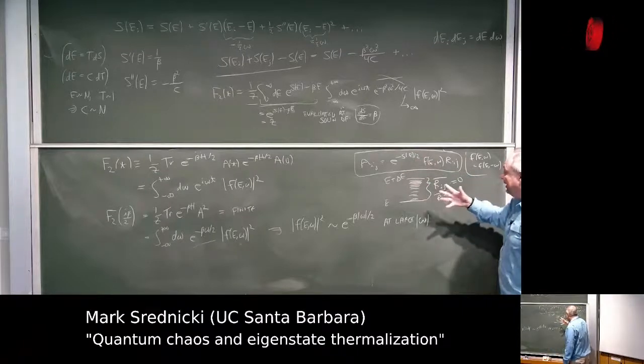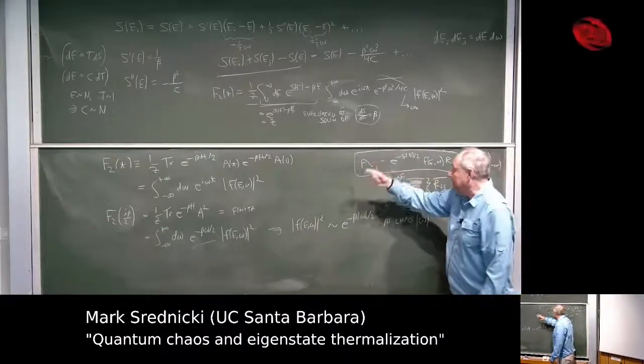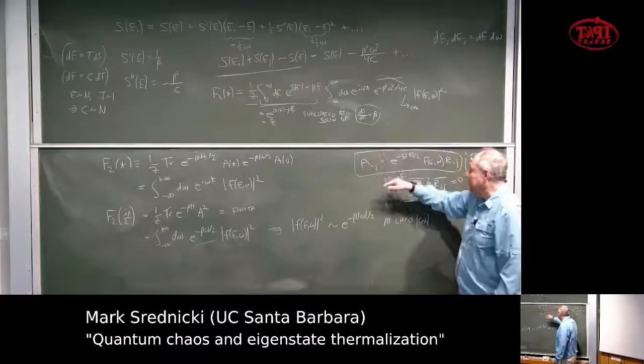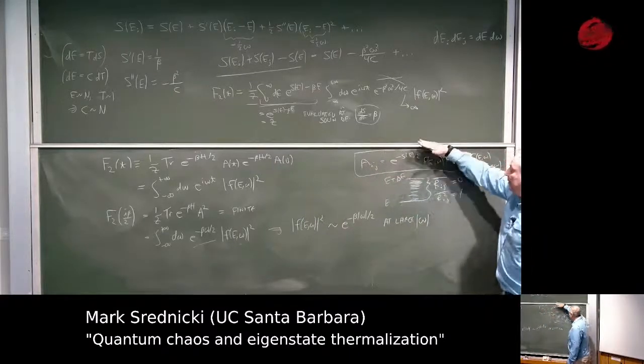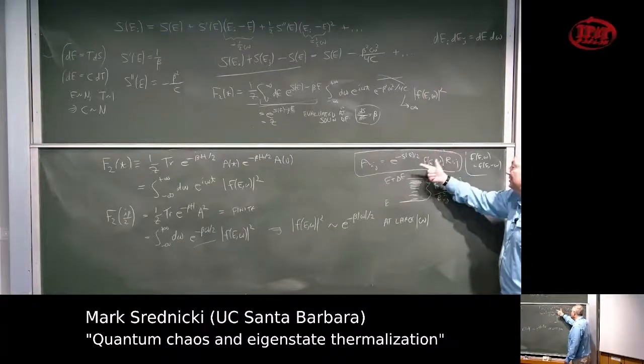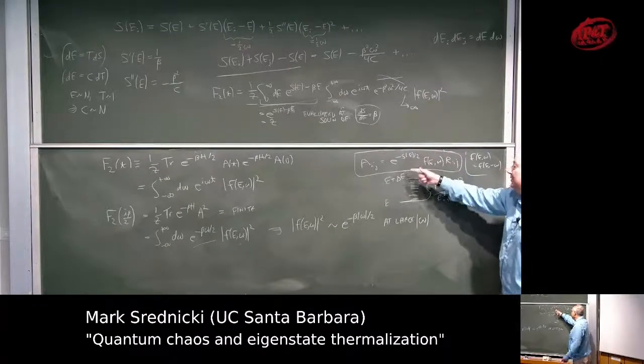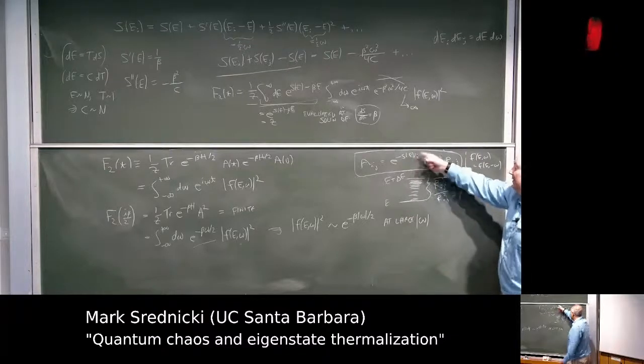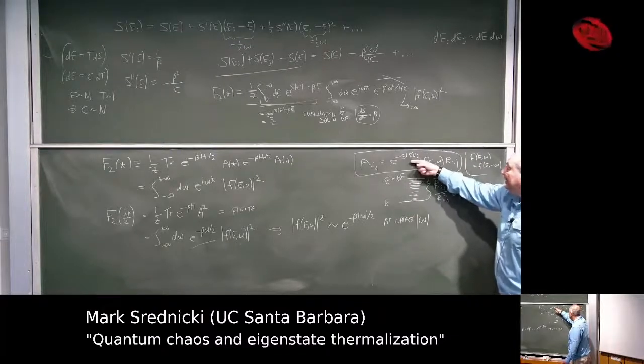But if we square this and start summing over the intermediate states, the sum over intermediate states will have an e to the plus s of e at the higher energy. And at higher energy is higher entropy. And so that will just exponentially overwhelm this.